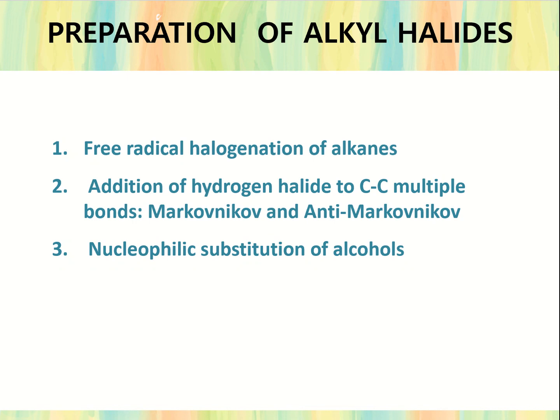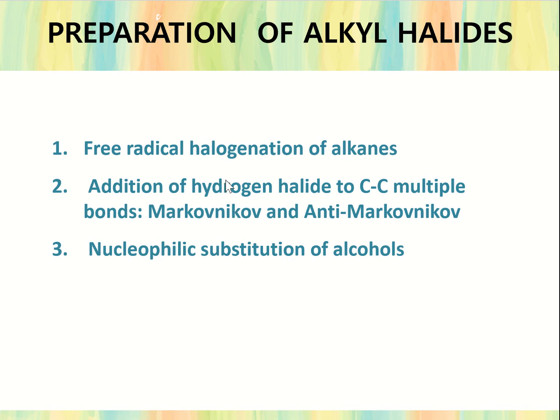So how do you prepare these alkyl halides? Well, via free radical halogenation of alkanes, which we saw, or it could be addition of hydrogen halide to a carbon-carbon multiple bond, whether it be Markovnikov or anti-Markovnikov, which we have seen, or it could be nucleophilic substitution of alcohols, which you may not have seen.